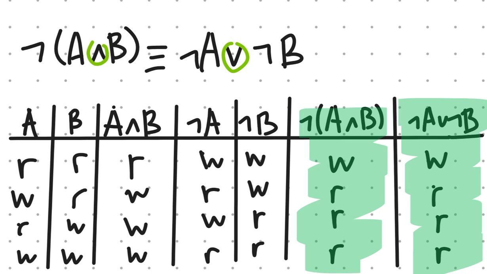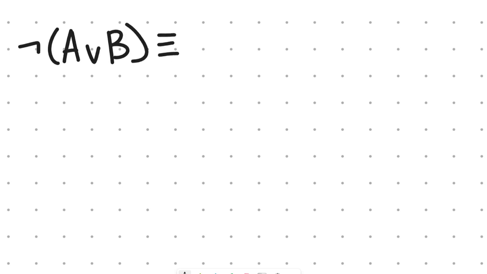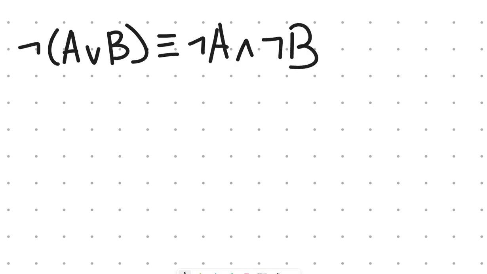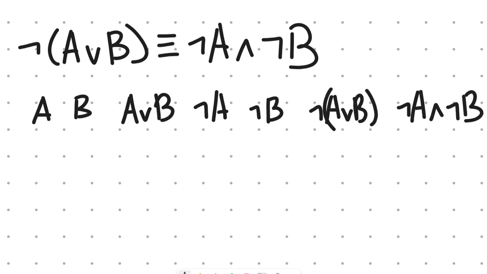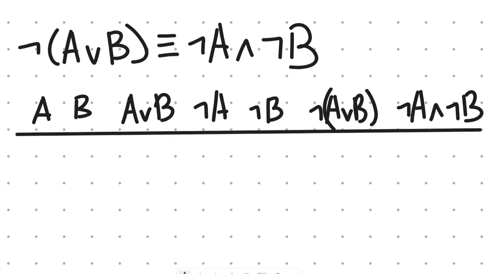Okay, so the first one we have proven. The second one states that not (A or B) is congruent to saying not A and not B. So we're just going to write A, B, A or B, not A, not B, not (A or B), and not A and not B, so that we can see what's going on.